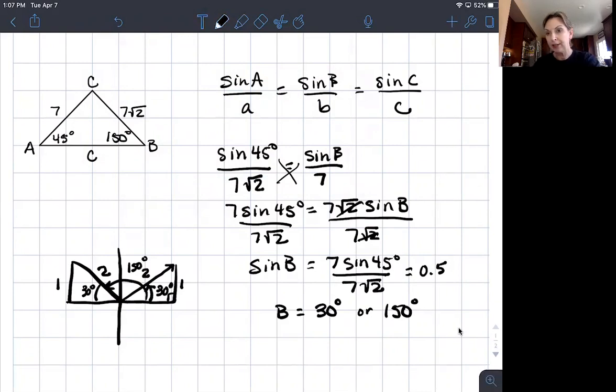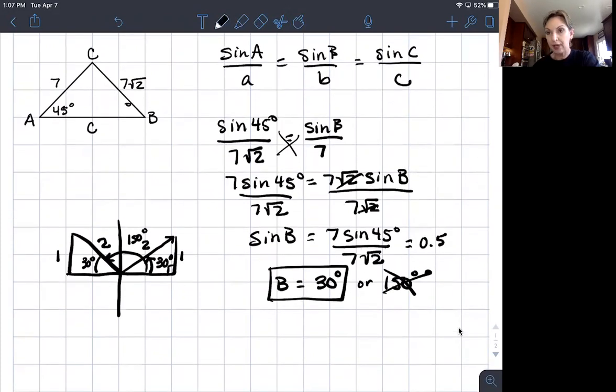If I tried putting 150 degrees in there for angle B, would that work? It wouldn't, because that means A and B equal 195 degrees, and I'm already out. I can only have 180 degrees for a triangle. So that means that 150 degrees does not work for this triangle. So B has to be 30 degrees.